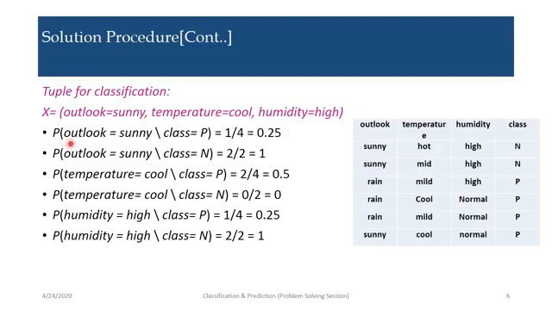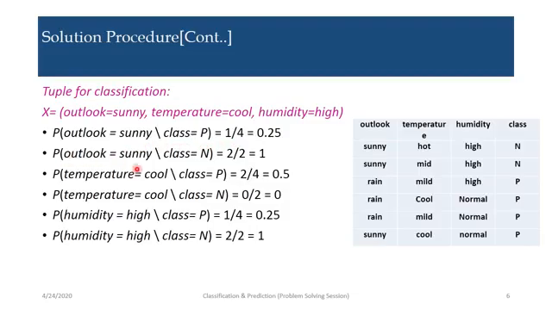Here you can see P(outlook is equal to sunny | class is equal to P). Here outlook is equal to sunny, but the class is N. Here outlook is equal to sunny, class is N. Here outlook is equal to sunny and class is P. So, out of the sunny tuples, only 1 tuple has the class P. So, we can classify it as 1 by 4. Why 4? Because there are 4 positive tuples, out of which only outlook is equal to sunny stands for 1 tuple. So, 1 by 4 is equal to 0.25.